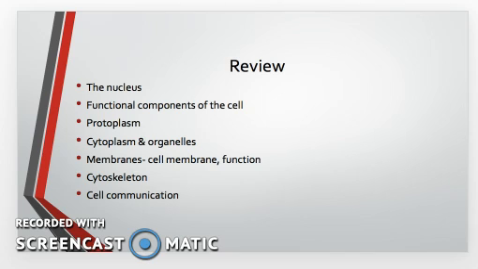Cell communication is on page 73. In the bottom right-hand corner, it says cells in multicellular organisms need to communicate with one another to coordinate their function and control their growth. The human body has several means of transmitting information between cells.